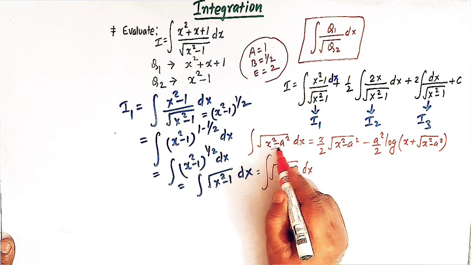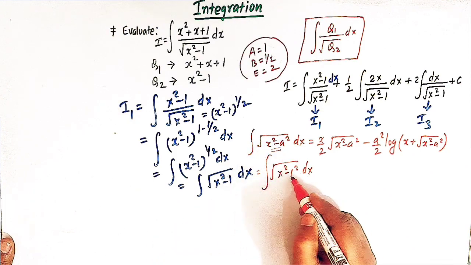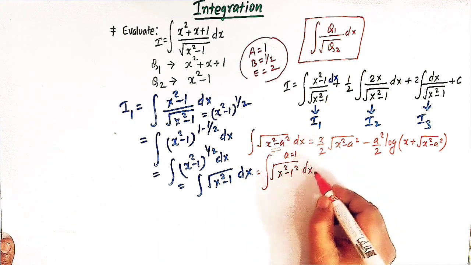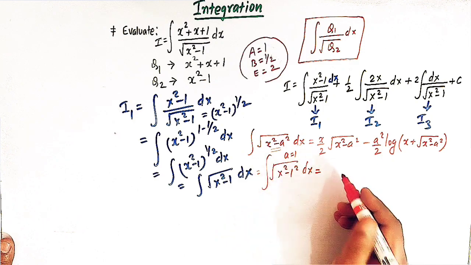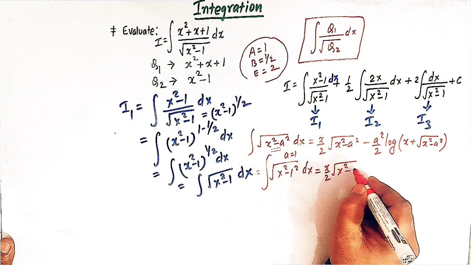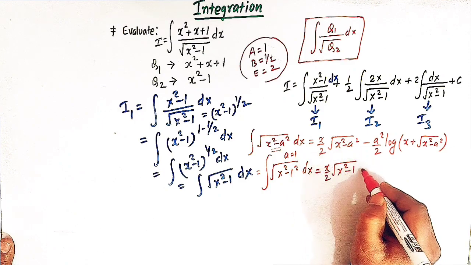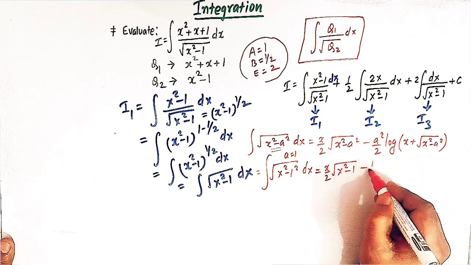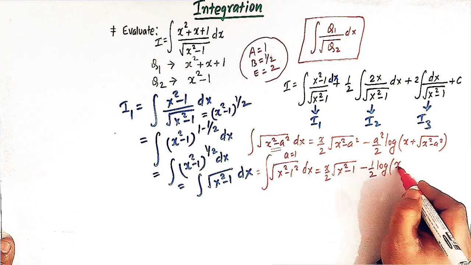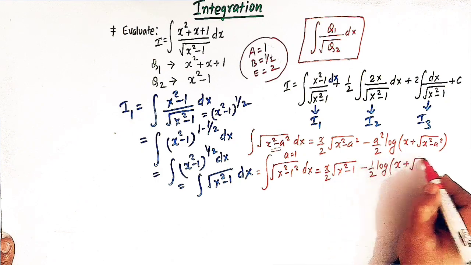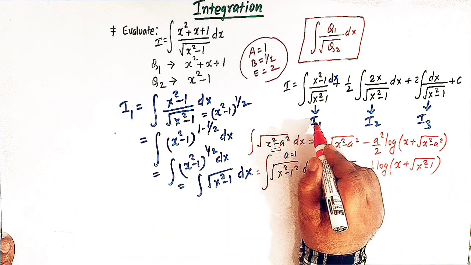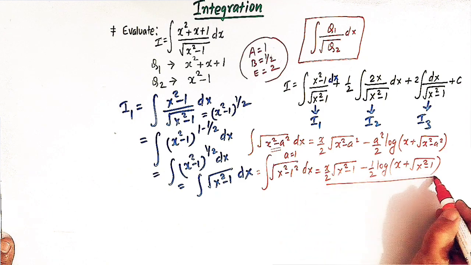If we compare this with our integral, then the value of a is equal to 1. So the value of this integral is x over 2 times √(x² − 1), 1 square is 1, so we have minus half, and here we have log of x plus √(x² − 1), right? So I1 is given by this expression.